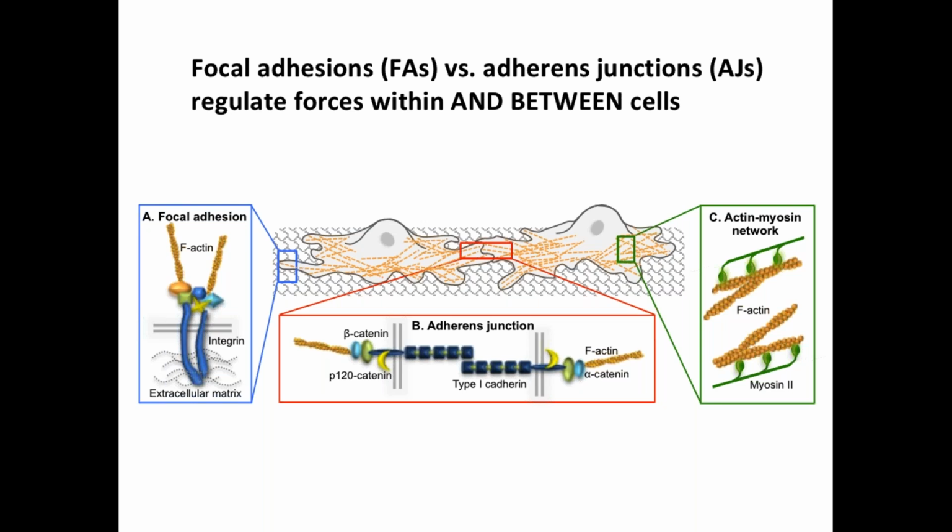It recruits a molecule called beta-catenin. Beta-catenin, which is this green molecule, then binds alpha-catenin, and alpha-catenin has an actin binding site. How does alpha-catenin bind actin? The exact same way that Mike talked about. There are forces that open the structure of actin, reveal sites that can now bind to the actin filament.